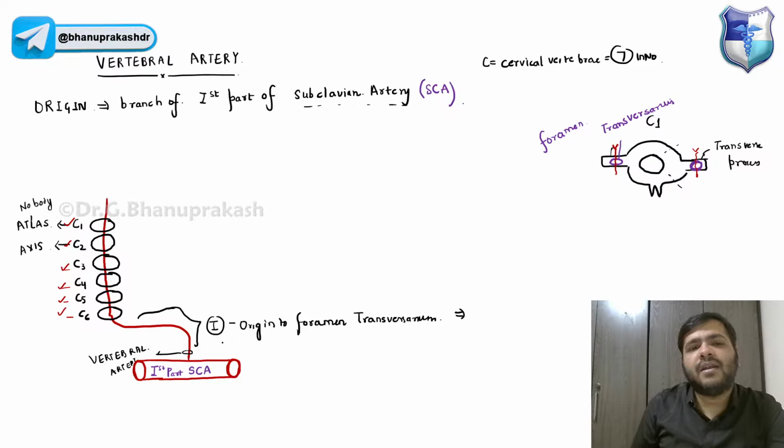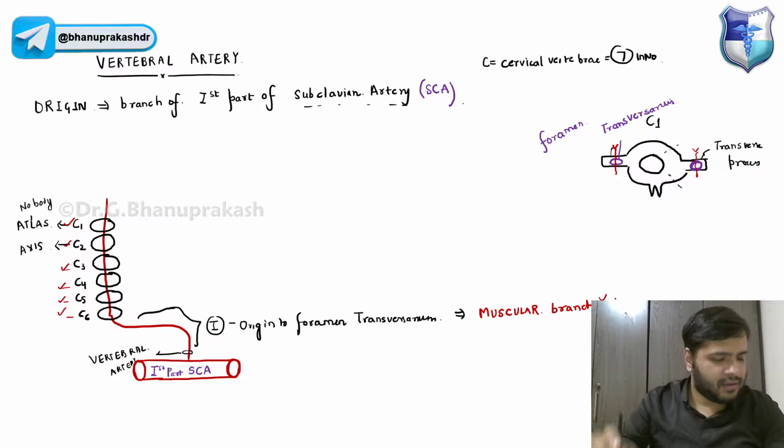The first part is from the origin to this foramen transversarium. It is starting from the subclavian and going till the foramen transversarium. But over here, remember guys, it gives off muscular branches, it supplies the muscles. So as of now, just remember it gives off muscular branches.